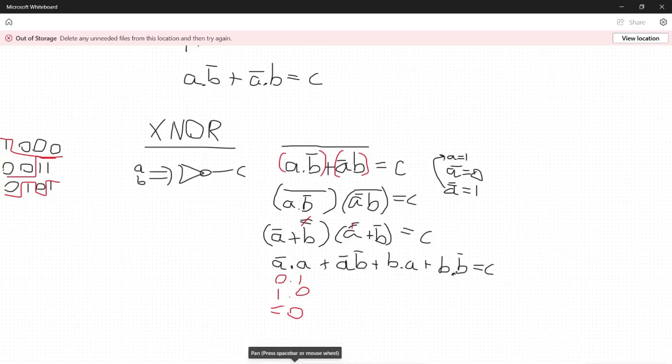So any time we have A invert times A, we're going to get 0. B times B invert, we're going to get 0. So then our final formula is going to be A invert B invert plus AB.